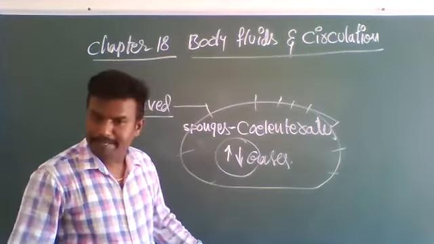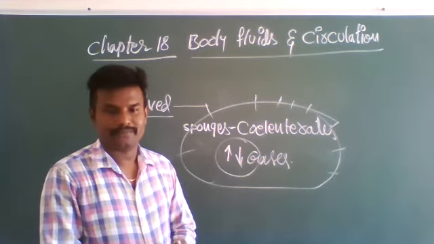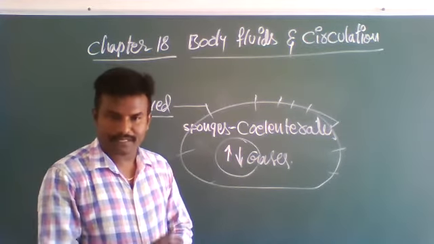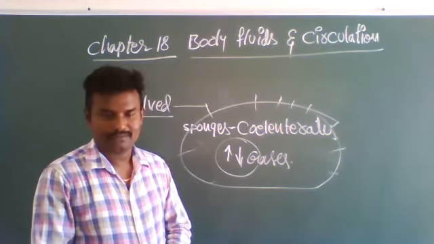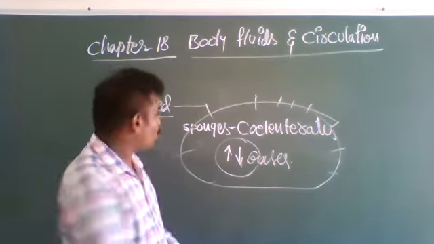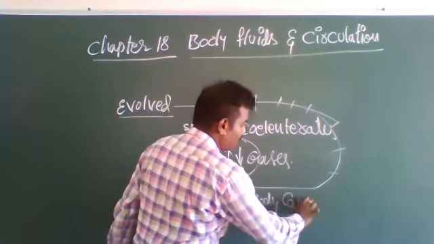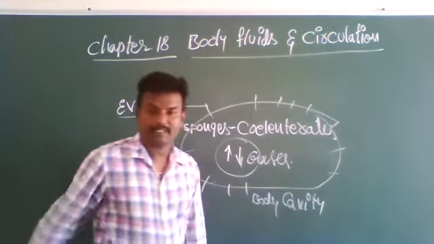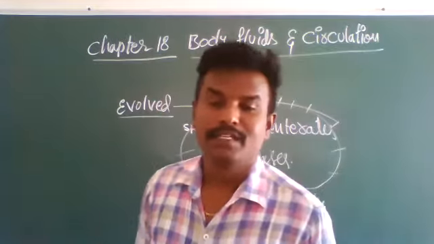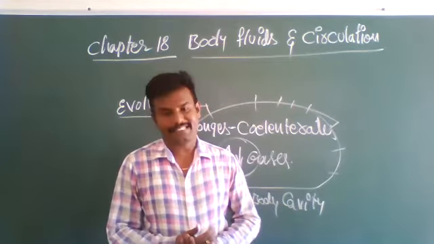That means, simply, sponges and ciliates take their requirements from the surrounding water into their body through the body cavity. Ciliates and sponges use their body cavity to exchange gases.